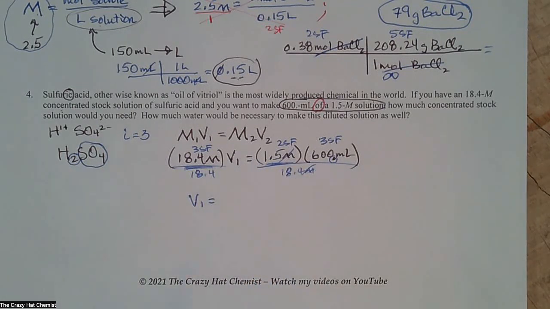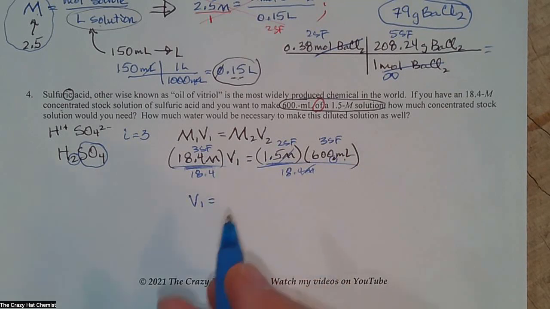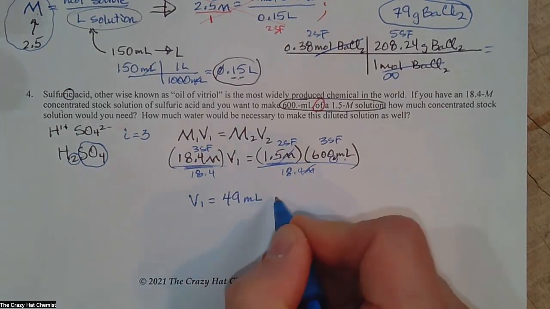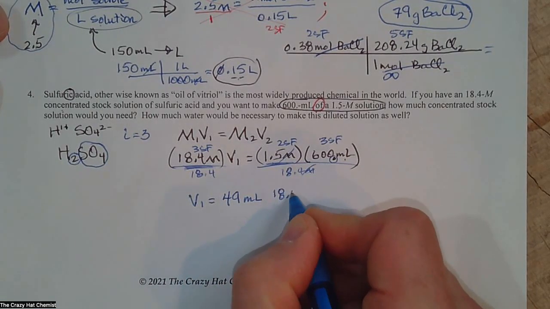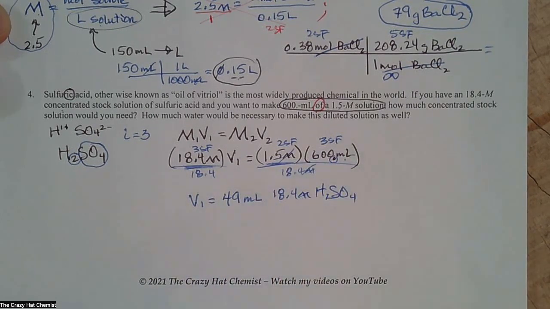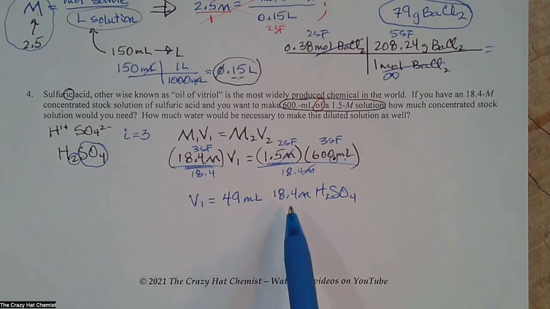That will be a volume. And since this volume is in milliliters, this next volume will be in milliliters as well. And that's going to be 49 milliliters of the 18.4 molar H2SO4. So that's 49 milliliters of the concentrated stock you need.